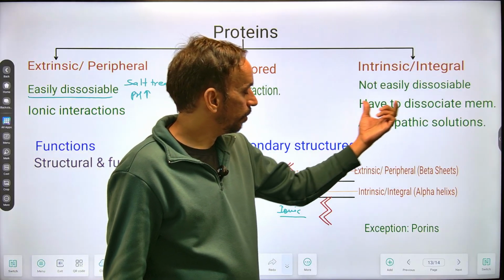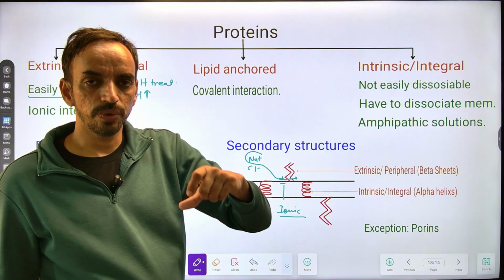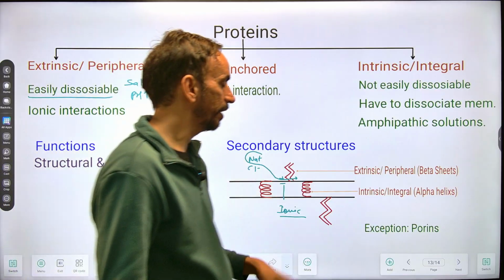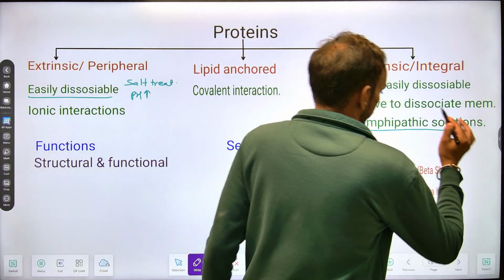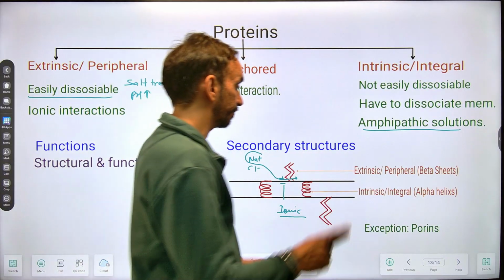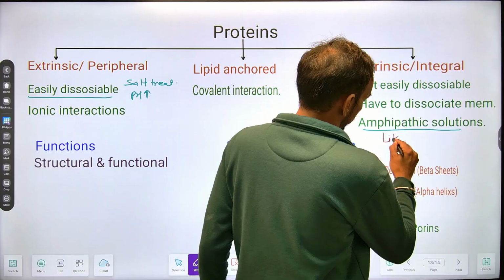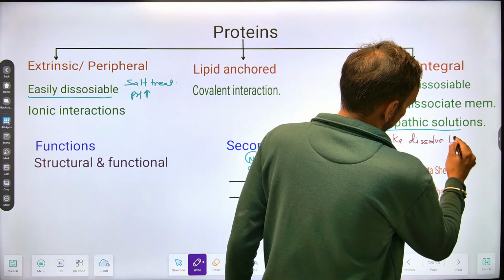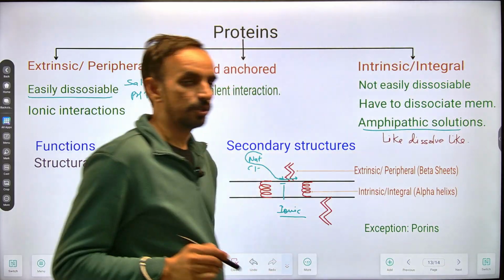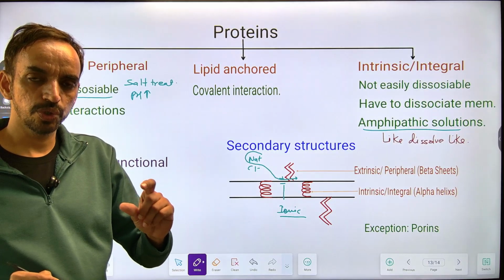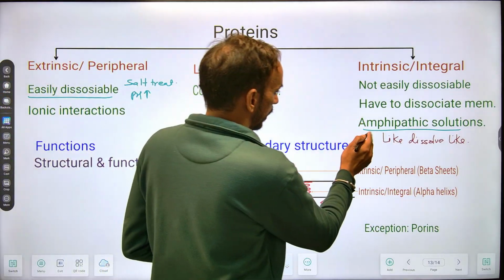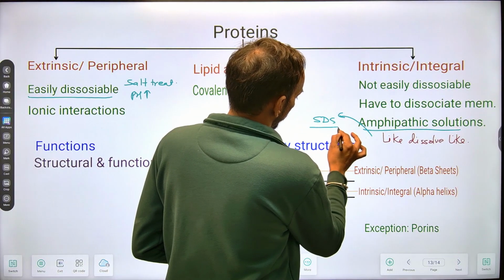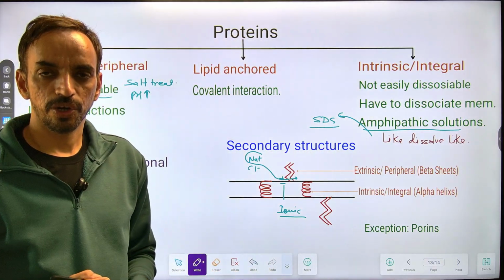ठीक है, अगर आपको इंटीग्रल प्रोटीन्स को निकालना है, इंट्रिंसिक प्रोटीन को निकालना है, then you have to dissociate the membrane, and for this you require amphipathic solution, like, है ना. सो एम्फीपैथिक मॉलिक्यूल्स को आपको डिसॉल्व करना है, तो एम्फीपैथिक आपको सॉल्यूशन लाने पड़ेंगे, लाइक एसडीएस, sodium dodecyl sulfate, or the sodium lauryl sulfate.